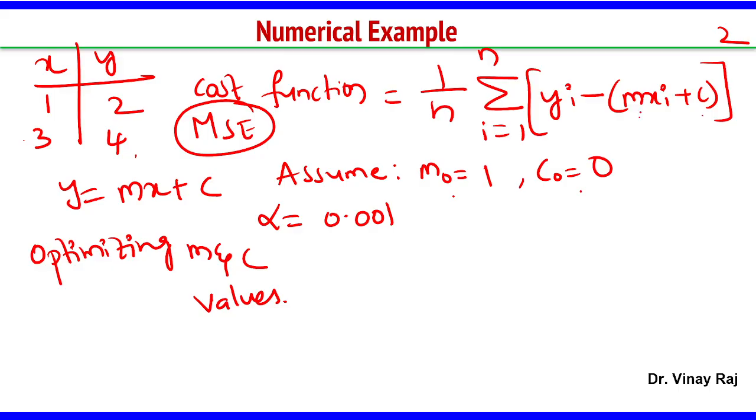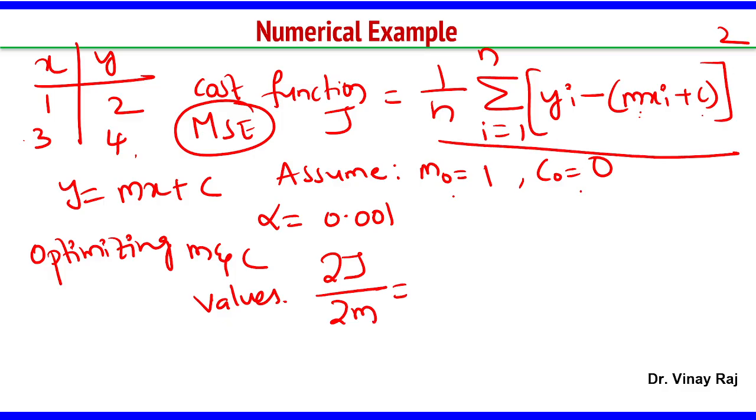So I will find dou j by dou m, where the cost function is j. With respect to m, if I take the derivative of this function, what is the value? It is a function of square, so it comes to the front: 2 by n summation of i equal to 1 to n.